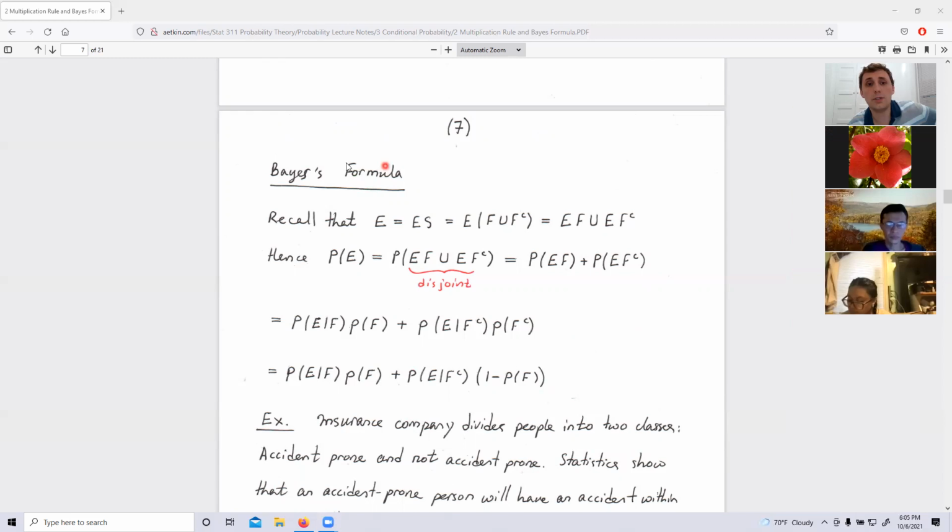So here we now consider Bayes' formula. We now have that E is equal to E intersect S, which is E intersect (F union F complement), which is equal to EF union EF complement.